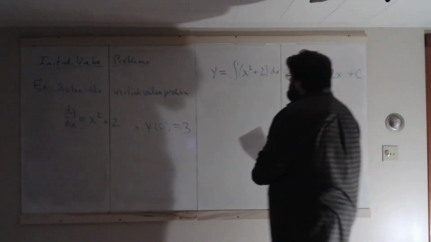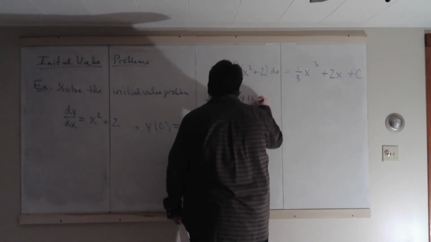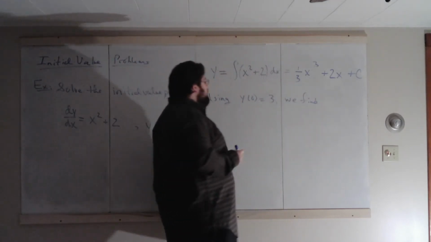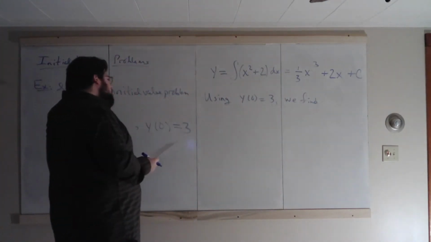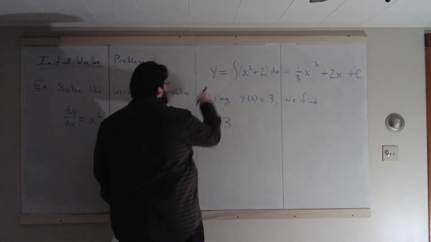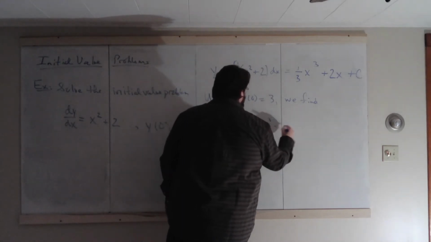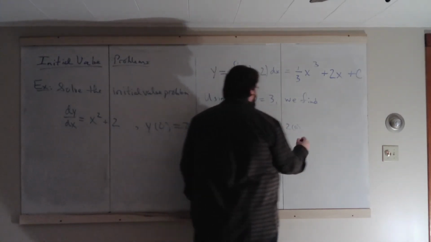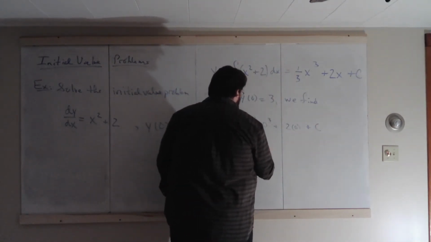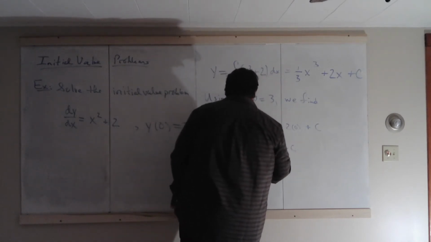So using y of 0 equals 3, that means when x equals 0, y equals 3. So left side is 3. Let's let x equal 0: a third, 0 cubed, plus 2 times 0, plus c. So 3 equals 0 plus 0 plus c. So c equals 3.